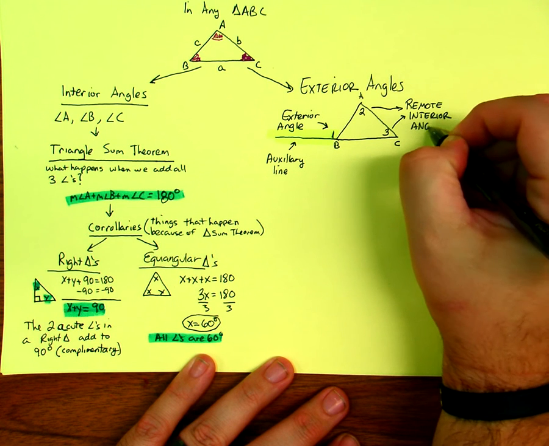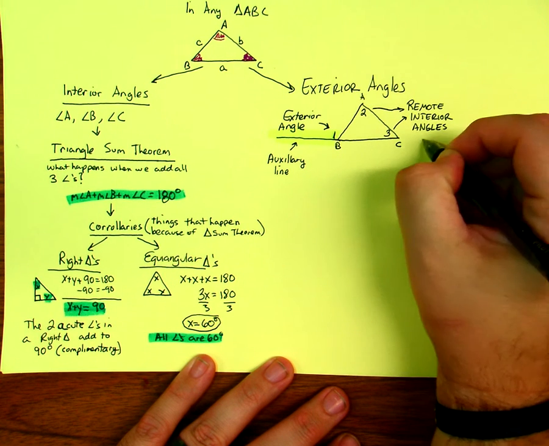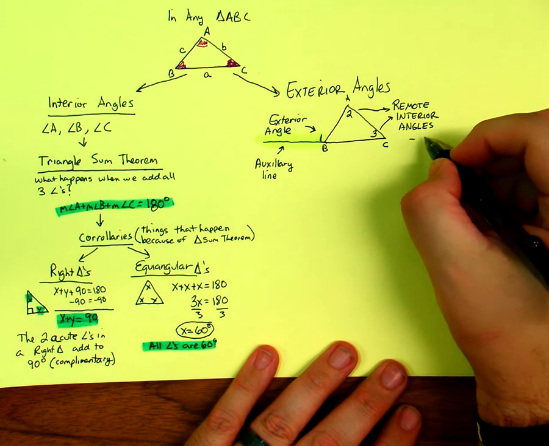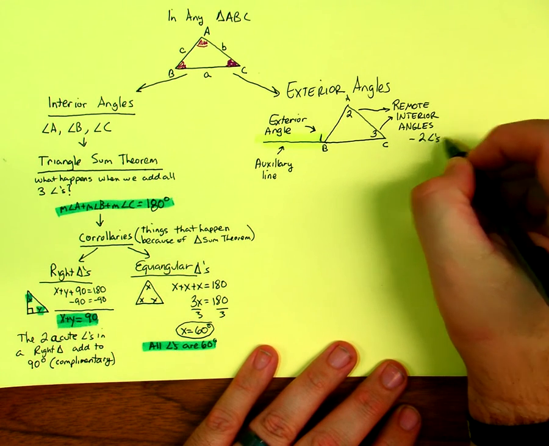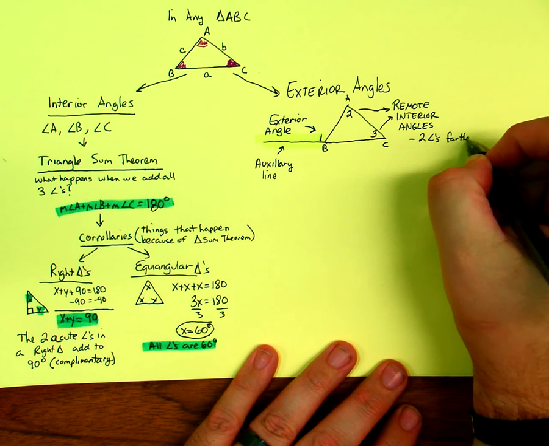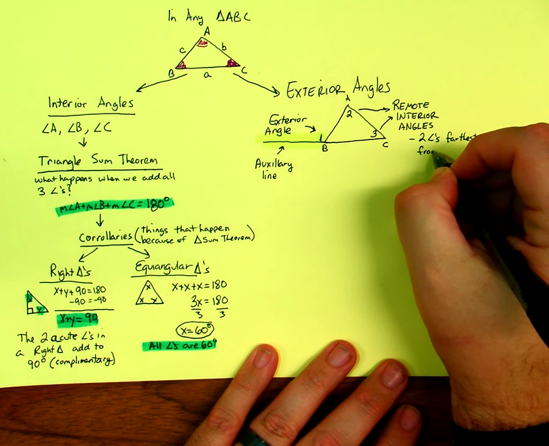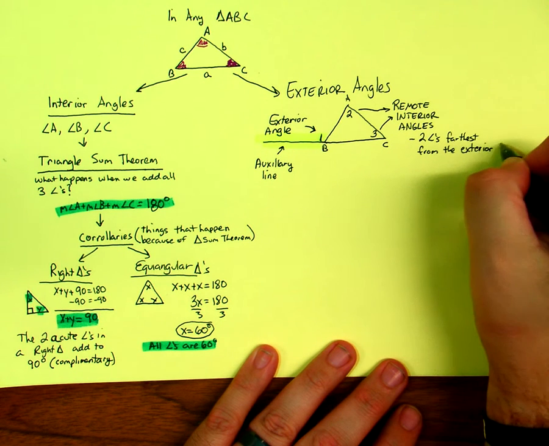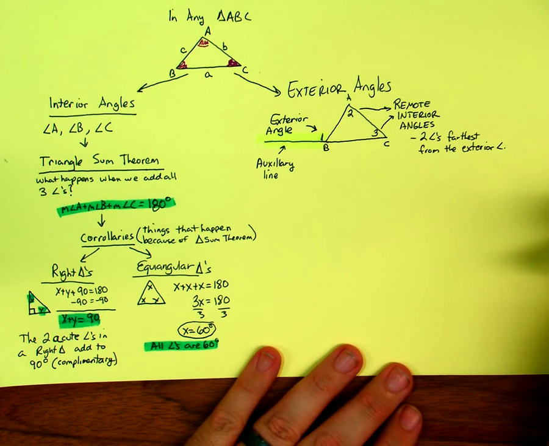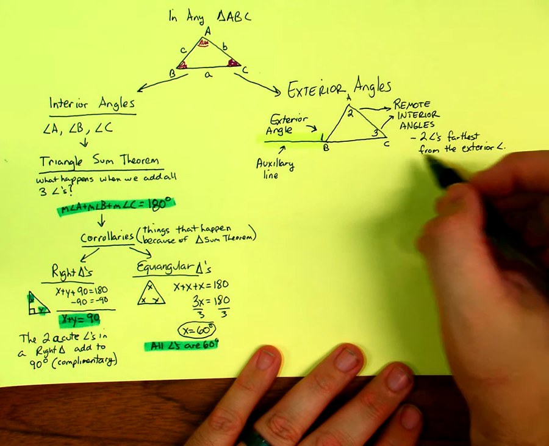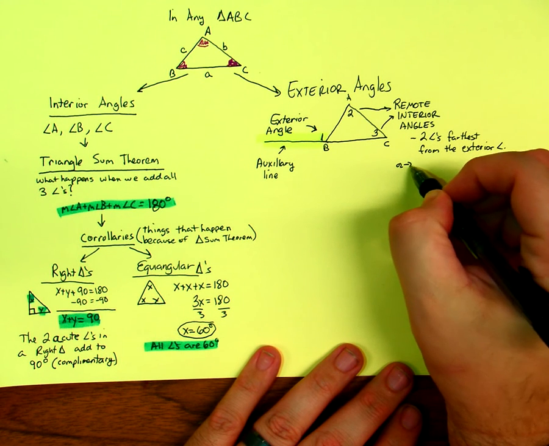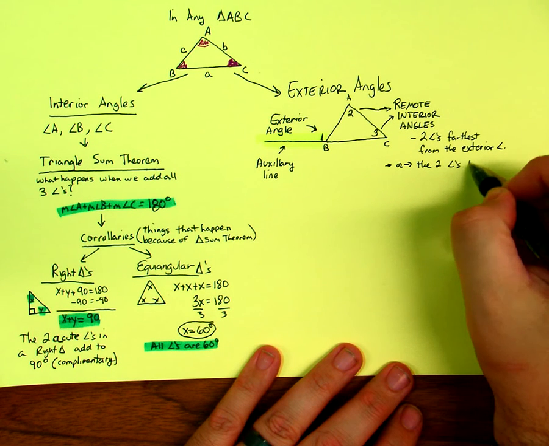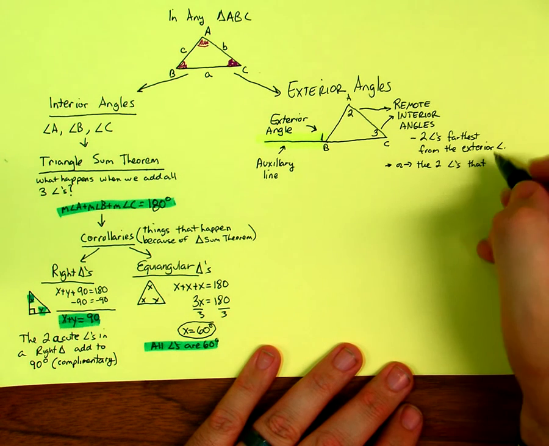And we call them the remote interior angles because they are the two angles farthest from the exterior angle, or we could call them the two angles that are not adjacent.